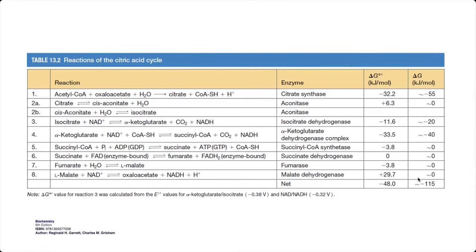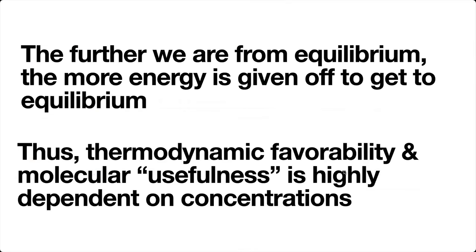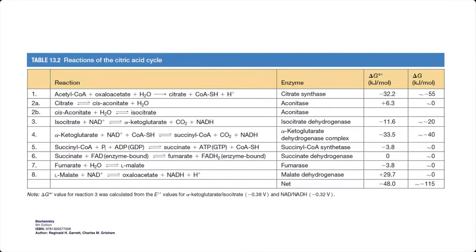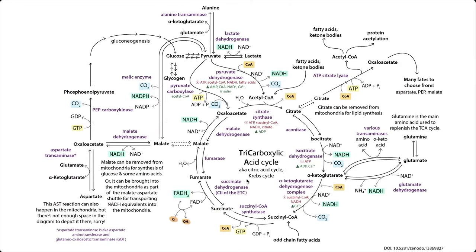But we're able to keep the delta G, so the actual free energy change, close to zero, because we are able to keep the concentration of our oxaloacetate, our product in this direction, really low. So by keeping the oxaloacetate concentration low, we're able to make it so that this reaction can actually happen in the forward direction, that is, to make oxaloacetate from malate.